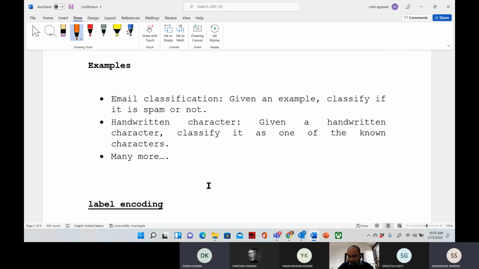Yes, in case of regression, we are going to predict the real value. For example, suppose we are going to predict the price of the house. So the price of the house can be the real value.